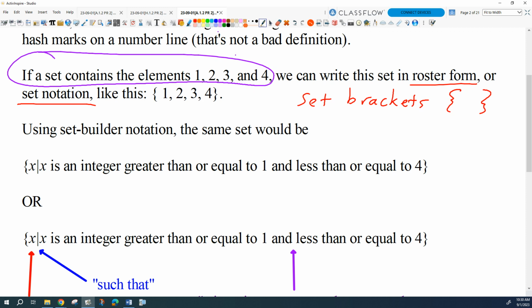They're on a keyboard. It's not the parentheses or the square brackets. It's the other ones, right? They kind of look fancy, right? That means a set. So when we write roster form or set notation, all we do is create a set with those fancy set brackets, and then inside, we list all of the elements in order, separated by commas. That's it. So here's one way to write that set that we described in the purple bubble. Real simple. That's it.